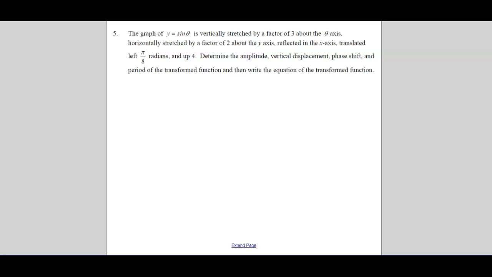So the graph of y equals sine theta is vertically stretched by a factor of 3, horizontally stretched by a factor of 2, reflected, translated. It says determine those particular properties and then write the equation. I would actually probably write the equation first myself. If you start with y equals sine theta and you vertically stretch by a factor of 3, and then horizontally stretch by a factor of 2, you would get that.